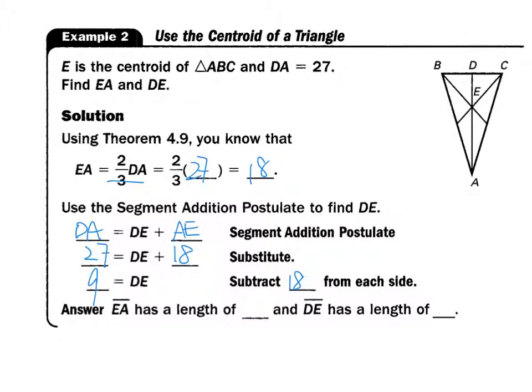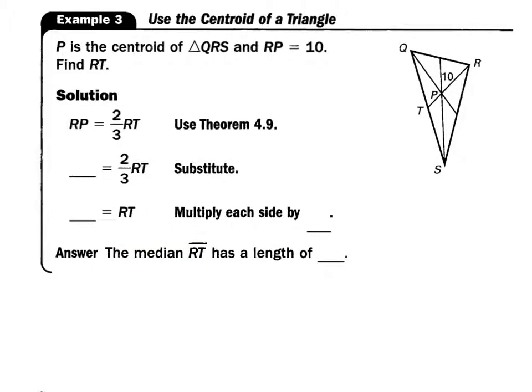So EA has a length of 18 and DE has a length of 9. Okay, so it's very straightforward. The centroid P is 2/3 of the way from the vertex in the triangle.